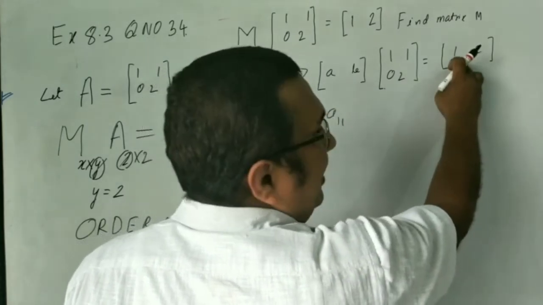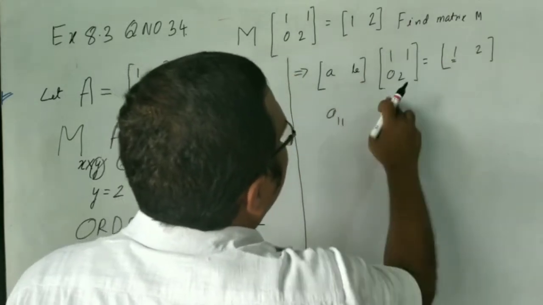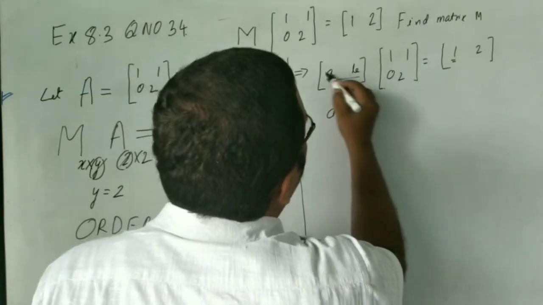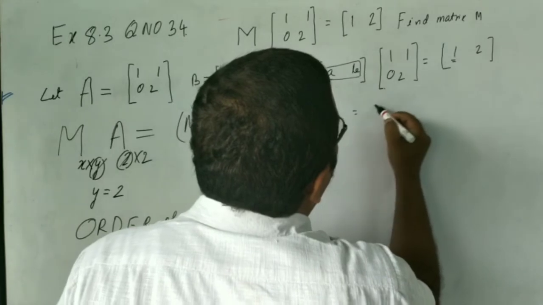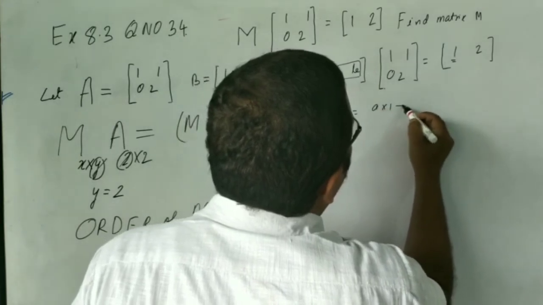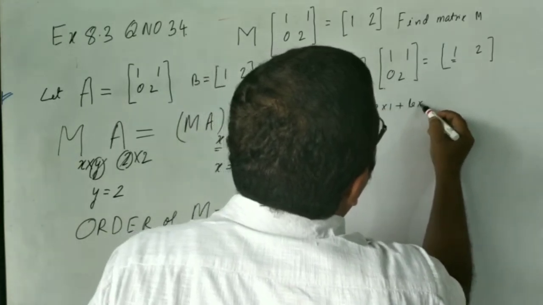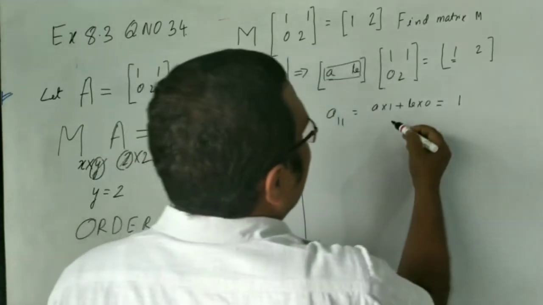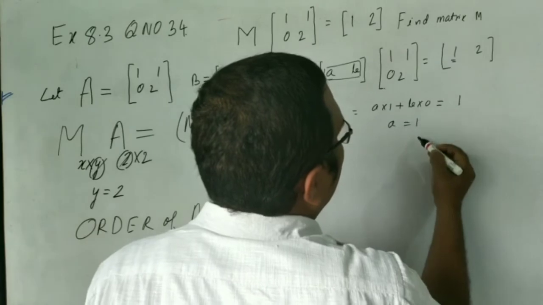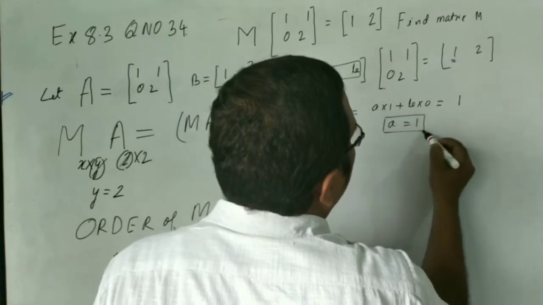A11, first row, first column. I take this one and this one. A into 1 plus B into 0. And what is A11? 1. So we get A is equal to 1. Got the value of A?